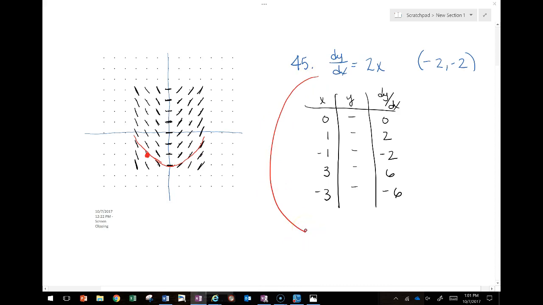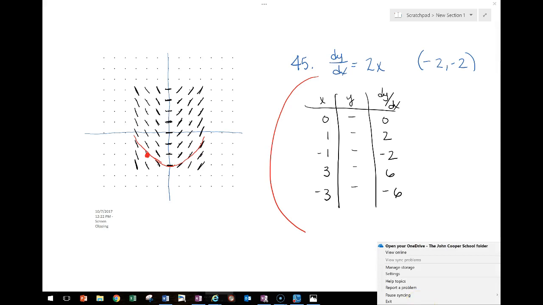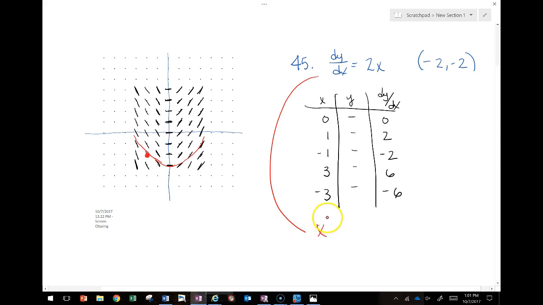In solving this, let's see if this looks right. If dy/dx equals 2x, the antiderivative of 2x is x squared, plus c. So that is y. If we put in the initial condition negative 2, we get negative 2 equals 4 plus c. C is negative 6.